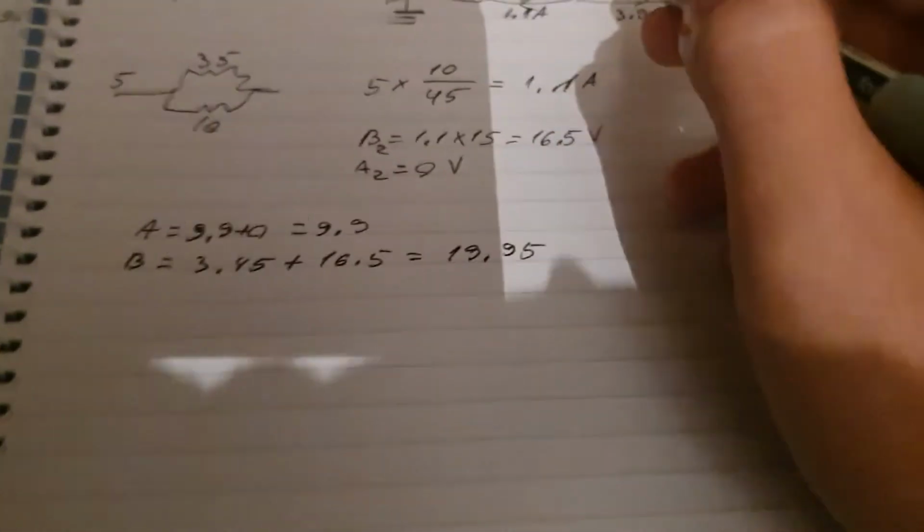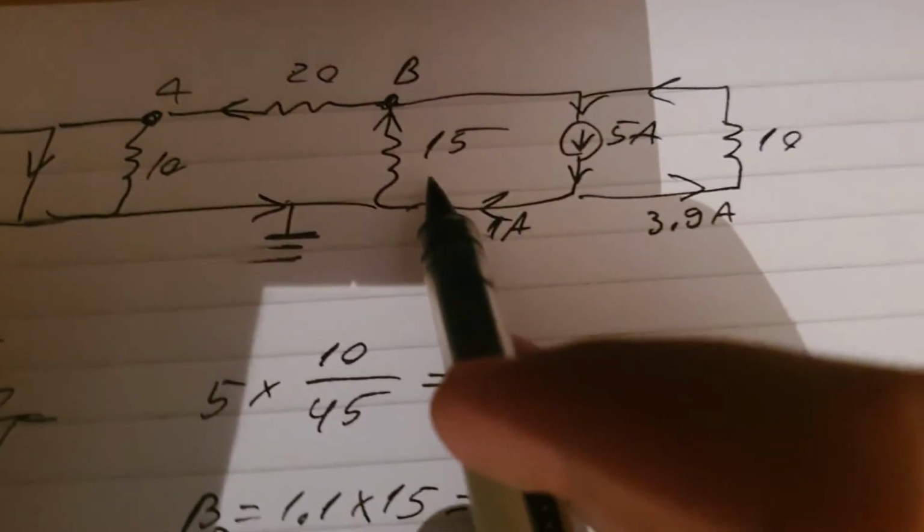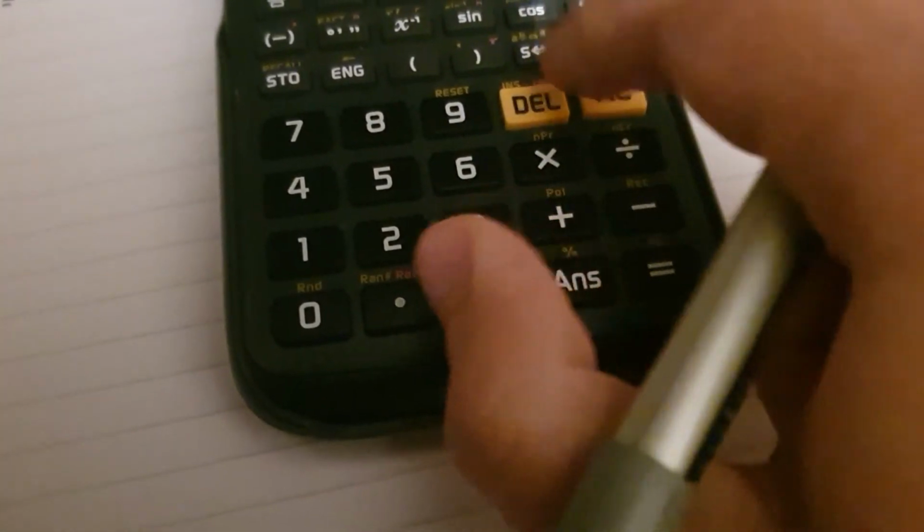Okay, and then the currents. So there is one current going up and there is one current going down. So one of them has to have a minus value. So it will be 1.1 minus 0.23, and that one will give 0.87.